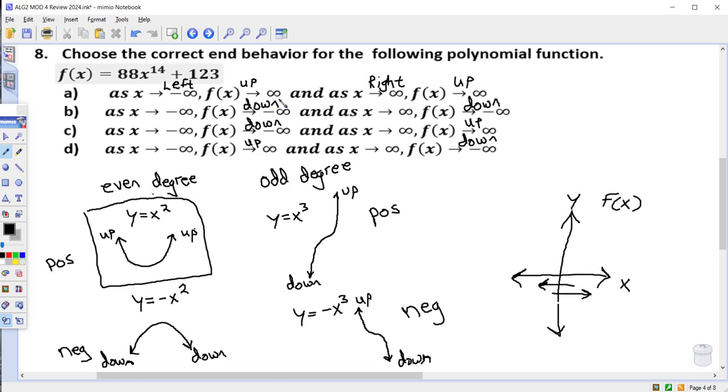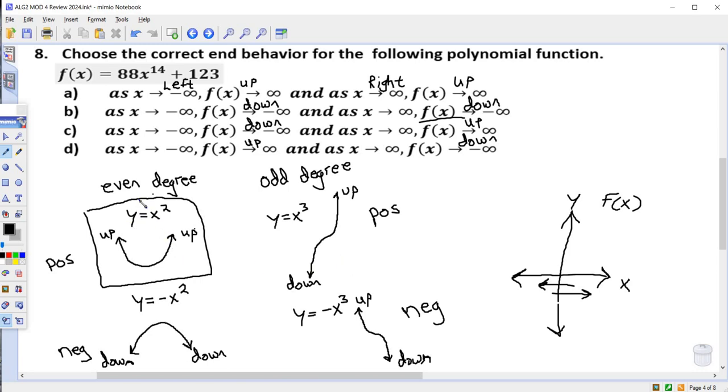B would be like a negative even degree, down and down. C is like a positive odd degree, down and up, just like this one over here. And then the last one is like a negative odd degree, up and down.